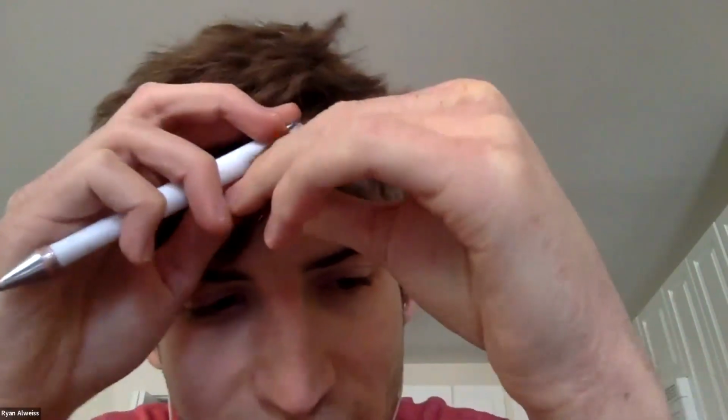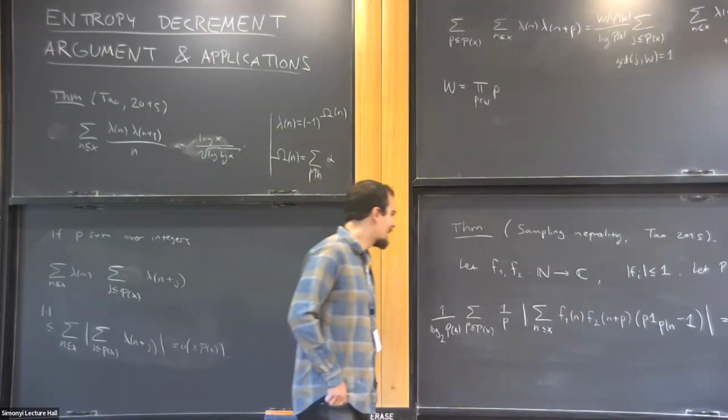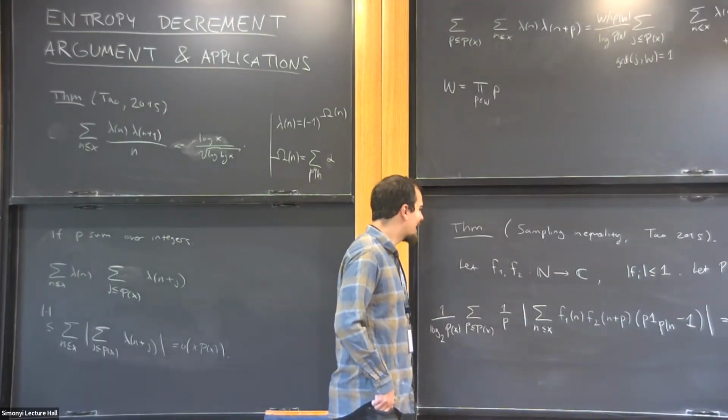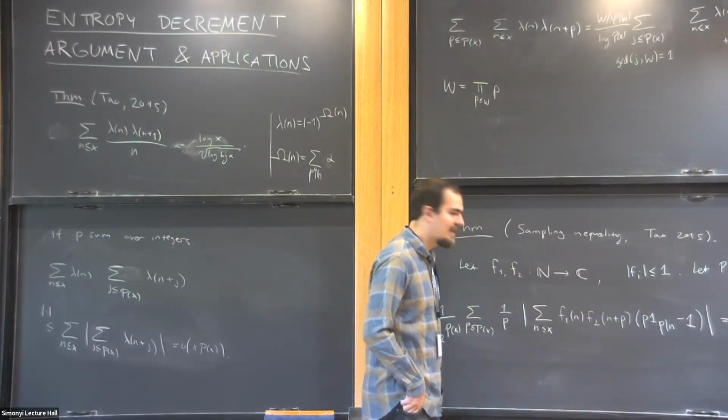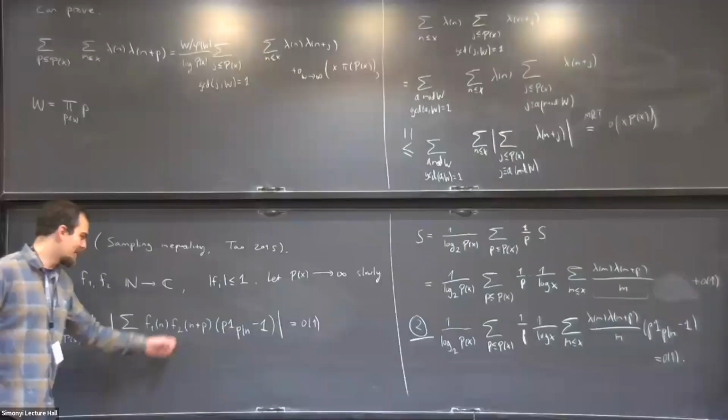Is there some sort of deep philosophical reason that you can't just use Cauchy-Schwarz for this sort of thing, that you need something like entropy or hypergraphs or graphs? Well, things like Cauchy-Schwarz would work if you had only one function here.